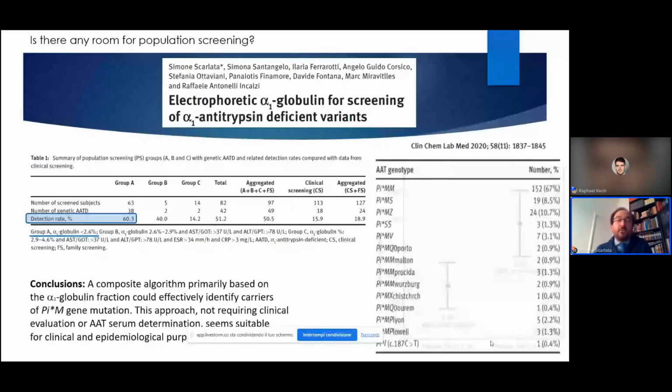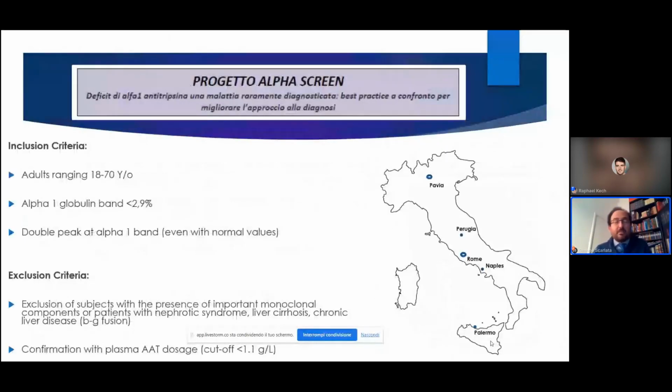For such a reason, we therefore projected and planned, and this is currently ongoing, another study in a multicentric fashion, involving the centers of Rome and Pavia, the coordinators, together with Perugia, Naples, and Palermo, all in Italy.